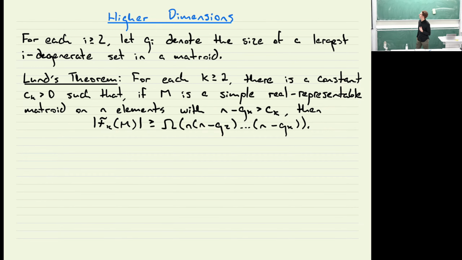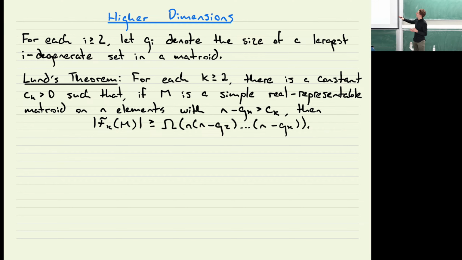This is a theorem of Ben's, and basically this says that for any k, we have a constant called c_k, so that if your matroid is at least c_k points away from being k-degenerate, so you have at least c_k points outside of your largest k-degenerate set, then you get this really nice estimation of the number of rank k flats.